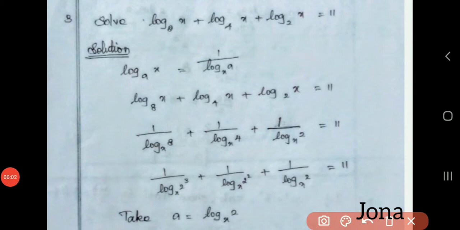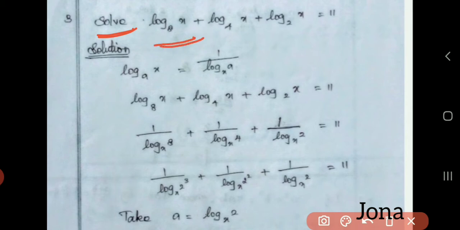Third problem. Solve: log x base 8, log x base 4 plus log x base 2 equal to 11. Solve means we want to find the value of the variable x. Now I want to take them one by one.